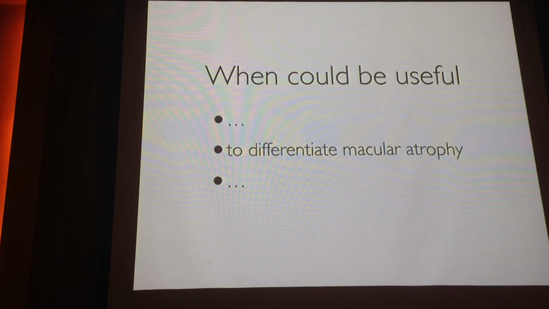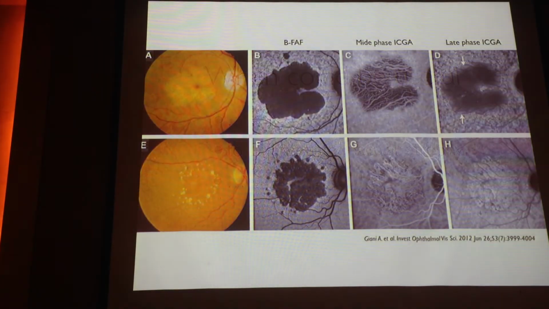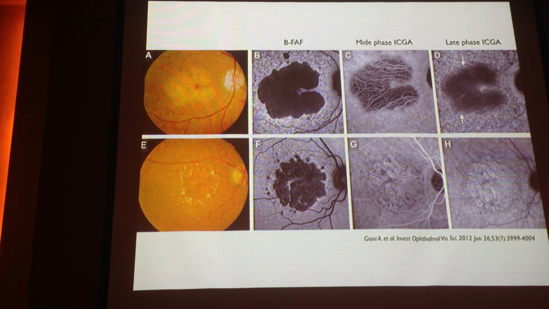But the angio-OCT can be useful for differentiating macular atrophy. And if I have to say, right now, I think the easiest way to use the angio-OCT is to do a differential diagnosis in macular atrophy. Everything started in 2012 when we published this paper in IOVS.